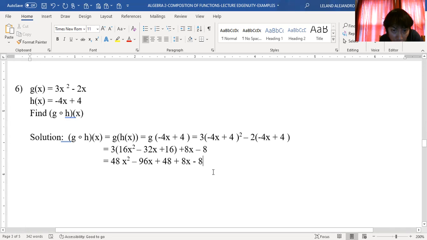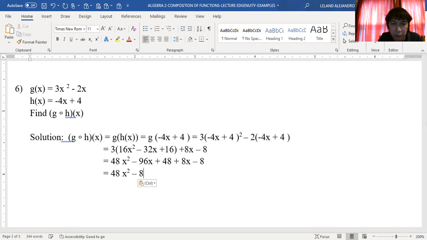Let's see if we can combine some like terms. I can see here the 96x and 8x. That results to a difference of negative 88x. So the next line, we will just rewrite the 48x squared, and then this will be followed by negative 88x, the result of negative 96x and the 8x.